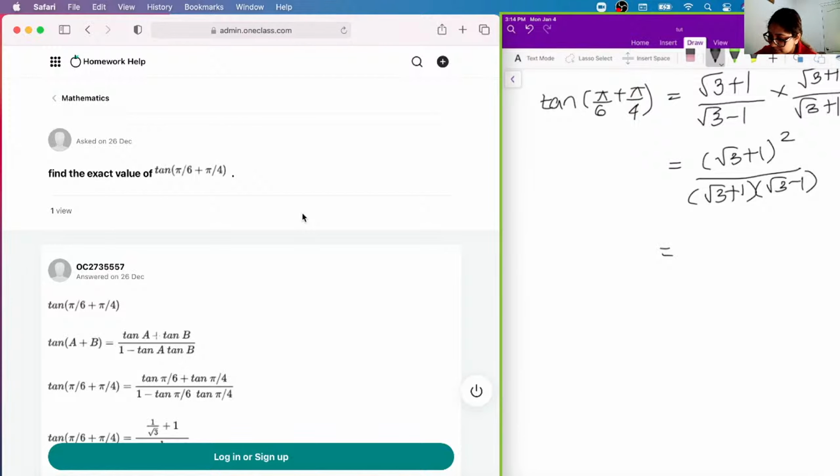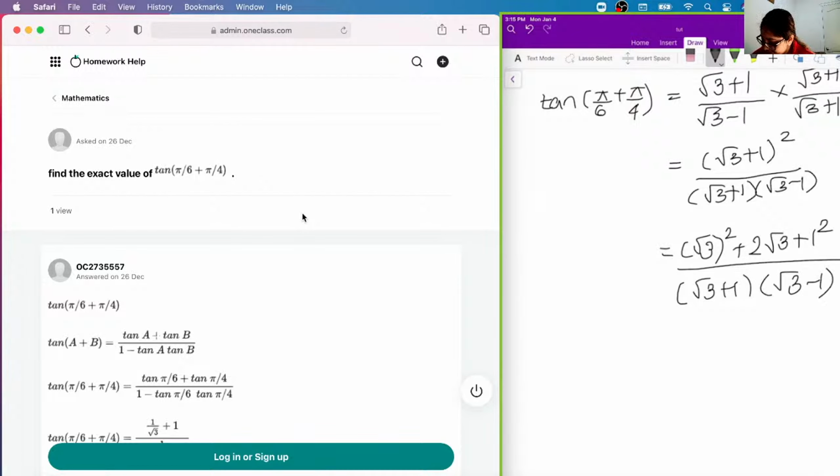And so we can rewrite that as root 3 squared plus 2 root 3 plus 1 squared, right? If you break the formula, you have here root 3 plus 1, root 3 minus 1.